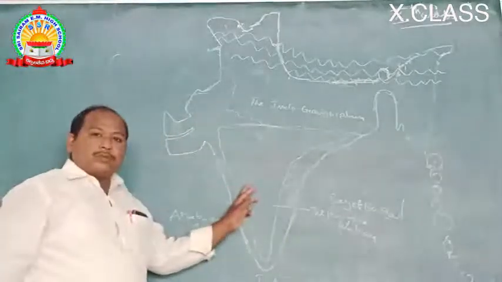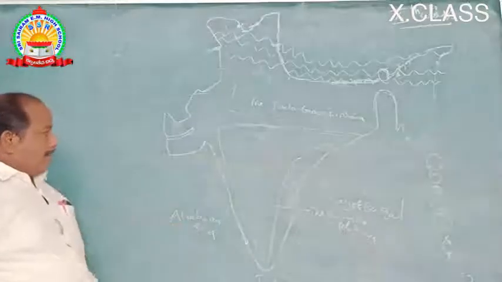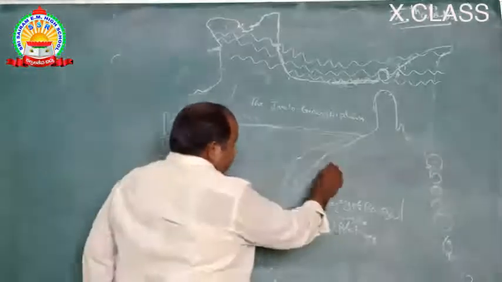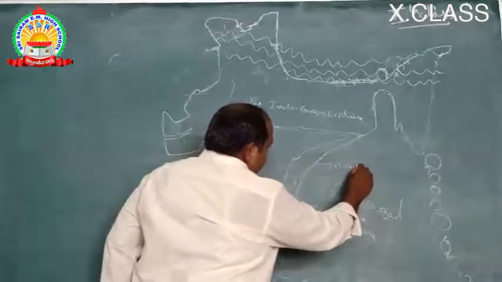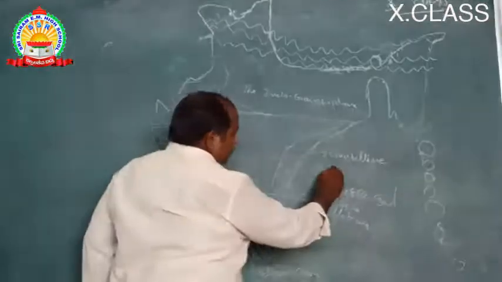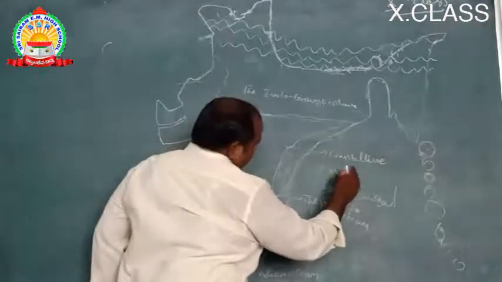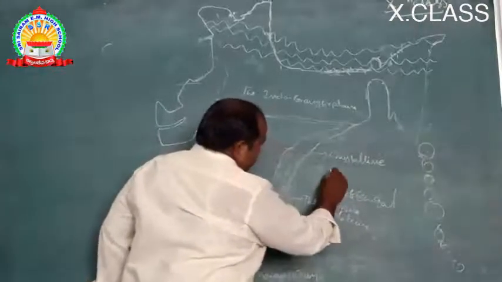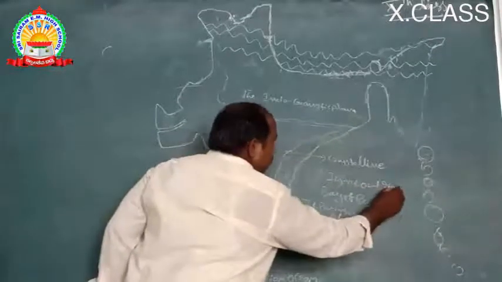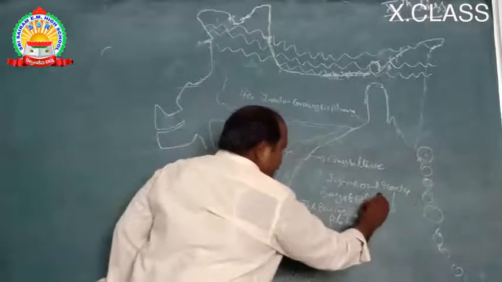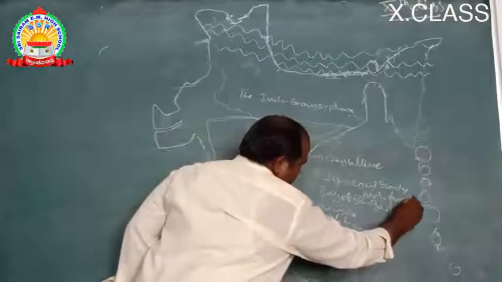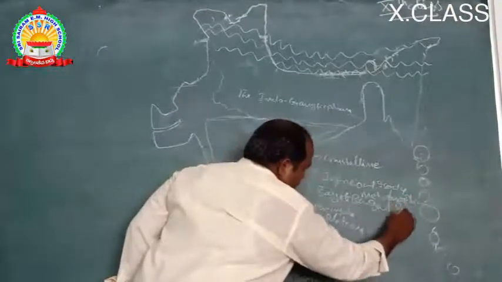This plateau was formed by volcanic eruption and is made of crystalline rocks, igneous rocks, and metamorphic rocks.